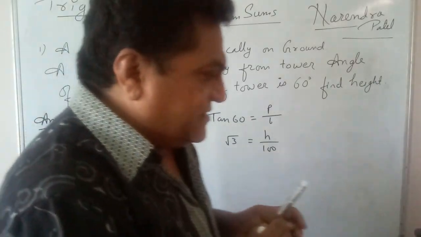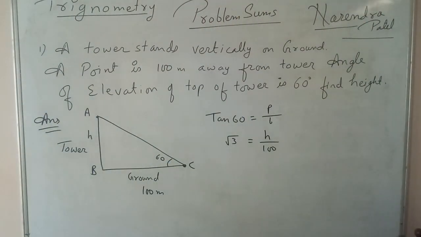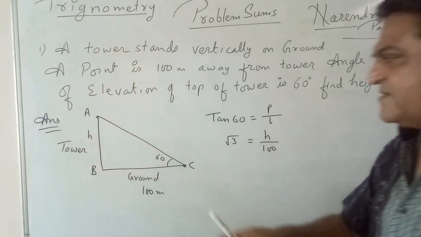Understood what I have done? Tan 60 is perpendicular upon base. From the figure, the height of the tower we have taken as H, base BC is 100, given in the question.